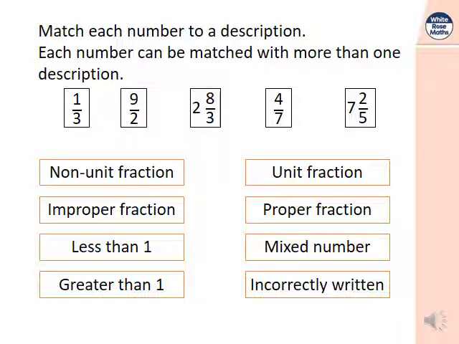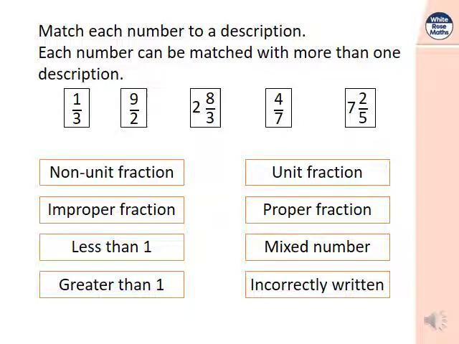Let's look at 9/2. That one, the next fraction. It is an improper fraction because the numerator is larger than the denominator. And it is a non-unit fraction because the numerator is not a 1. And it is 9/2, and that is greater than 1 whole.